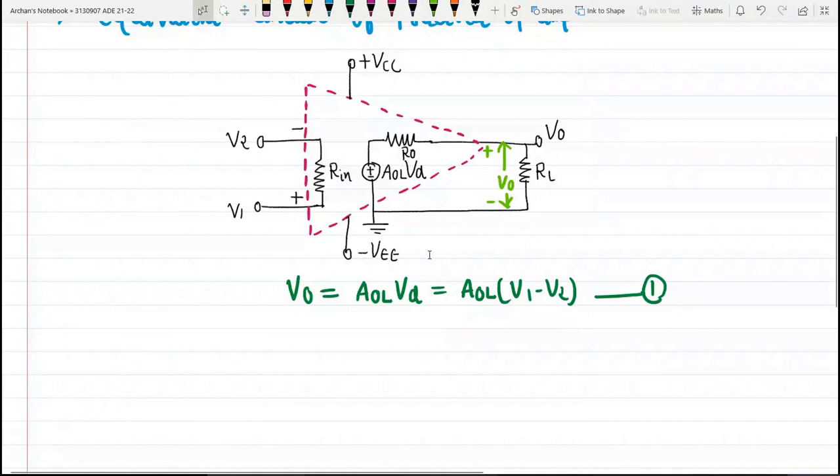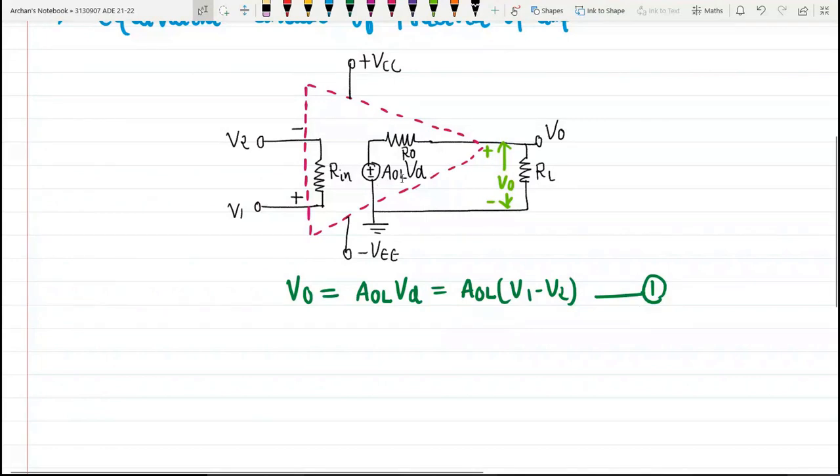Now here you can see the output voltage is directly proportional to the difference voltage VD. It is to be noted that the op-amp amplifies the difference voltage and not the individual input voltage. So the output polarity gets decided by the polarity of this difference voltage VD. And here you can see this voltage source AOL times VD.